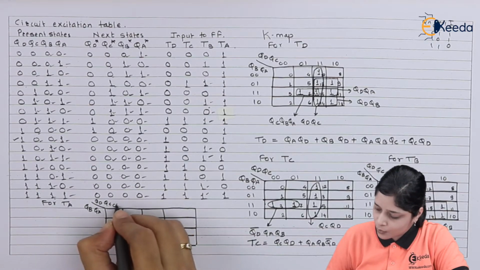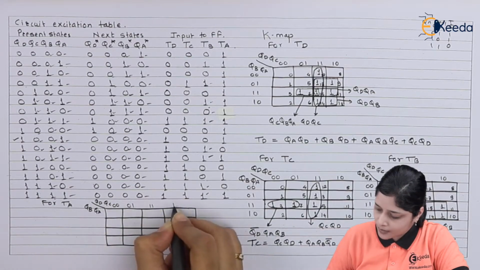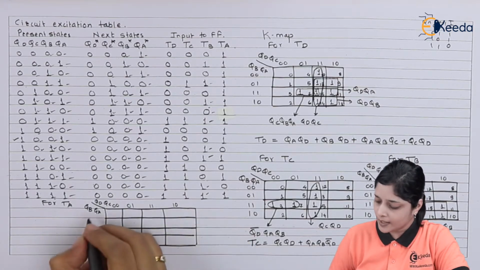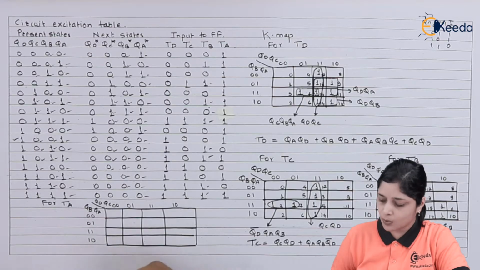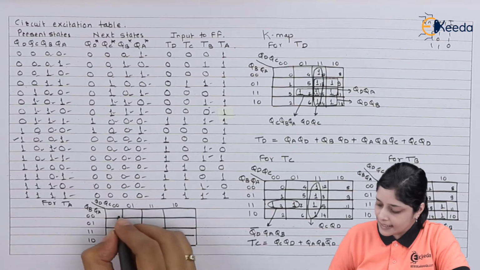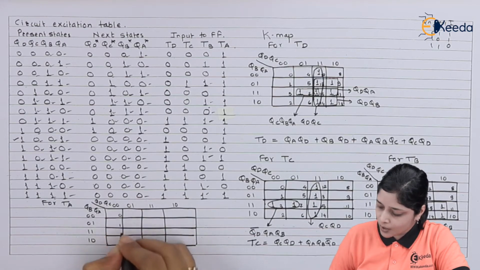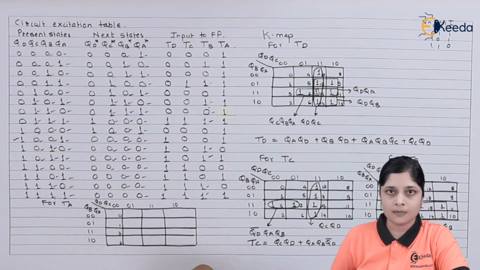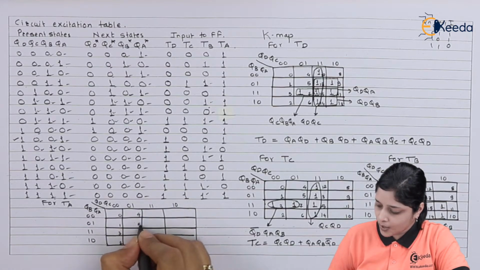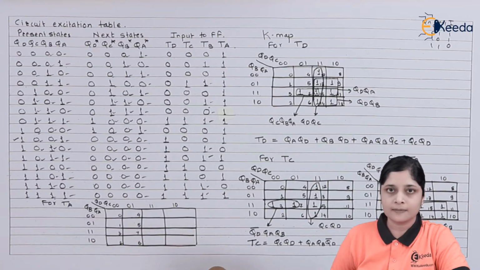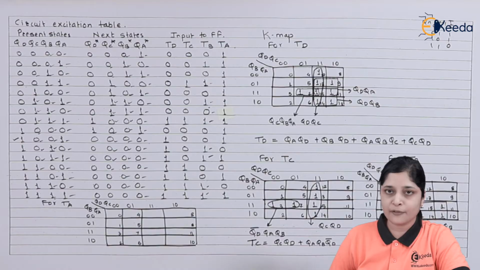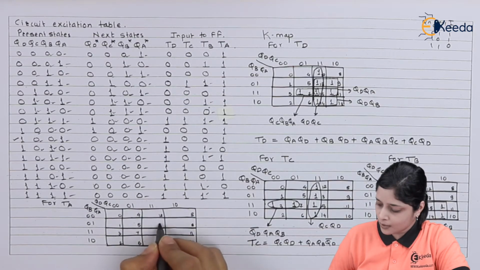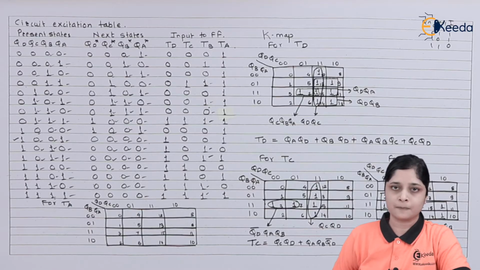We will write here 0 0 0 1 1 1 1 0. Here also 0 0 0 1 1 1 1 0. Inside the boxes we will write 0 1 2 3, 4 5 6 7, 8 9 10 11 12 13 14 and finally 15 you have to write.